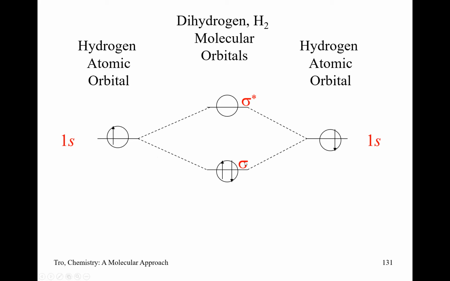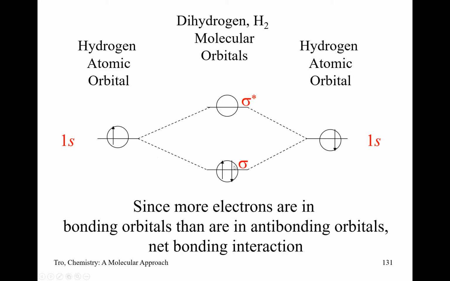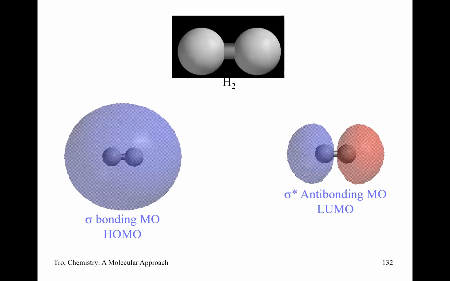So 1 plus 1 is 2. You put 2 electrons in, and we get 2 electrons in the constructive, lower-energy bonding orbital, none in the anti-bonding. So this would be 2 divided by 2 equals 1, which is what we already knew from the Lewis structure, so it matches. And here's what our hydrogen looks like: the bonding forms a single bond, and then the anti-bonding one that you don't see, but now are aware of.